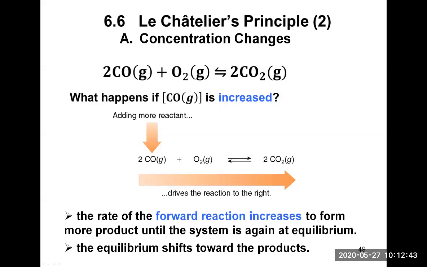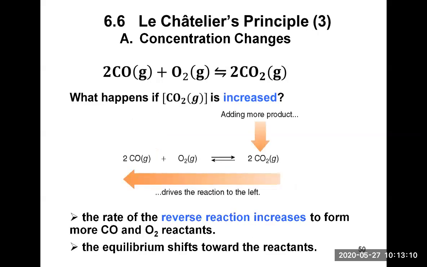So this will drive the reaction to the right. And so the equilibrium will shift to the right and consume the CO with oxygen to form more CO2. So the rate of the forward reaction is increased to form more product until the system is again at equilibrium. And we say that the equilibrium shifts toward the product or to the right.